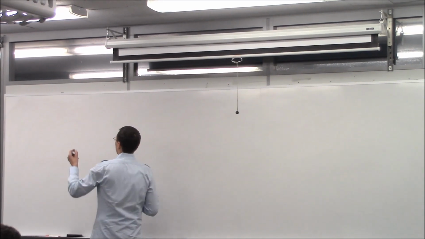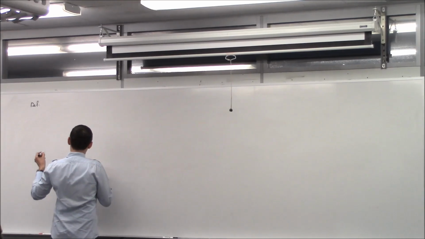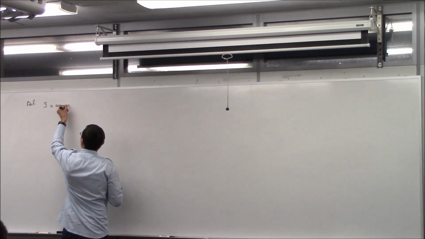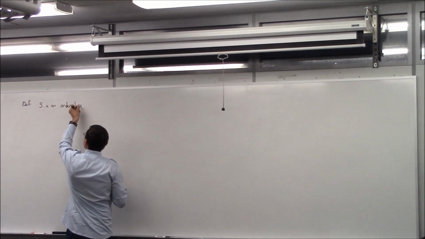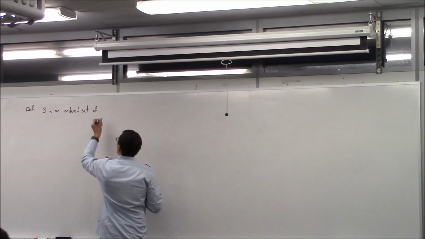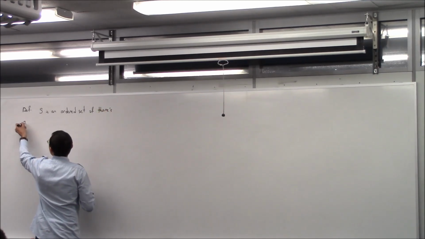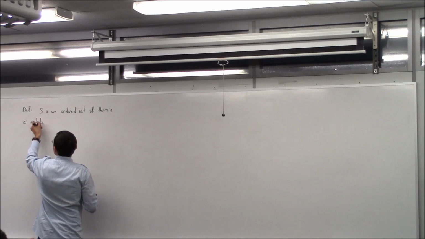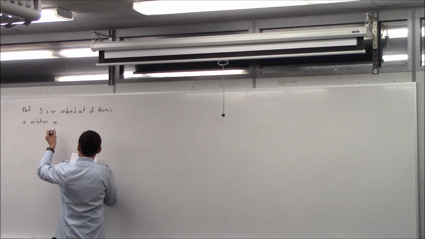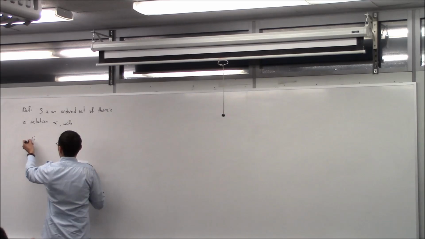So we make the following definitions. We will say that S is an ordered set if there is a relation, call it this less than sign, with the following properties.